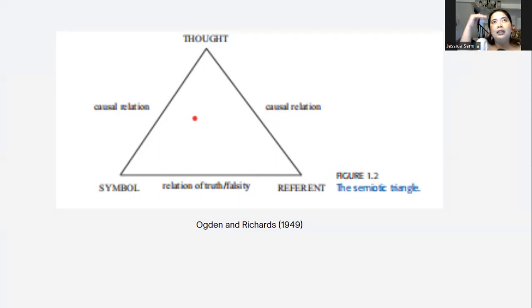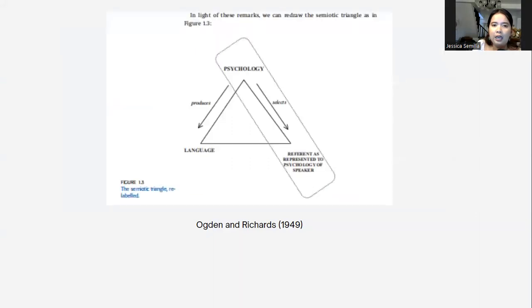Understand? So in short, different people may have a different thought depending on their background or schema knowledge. So let's proceed. Now, in light of this remark, we can redraw the semiotic triangle. If we have a kind of language, what is our state of mind that we could relate to that kind of word? Remember, different contexts of persons speaking that language may have a different meaning out of it.